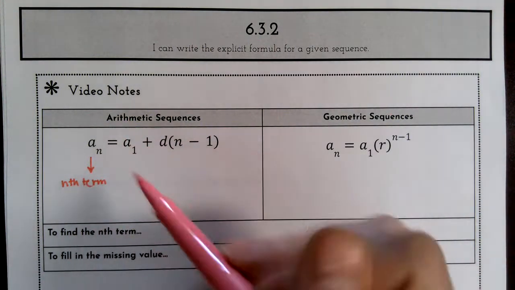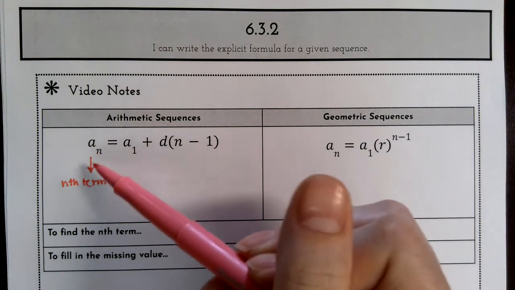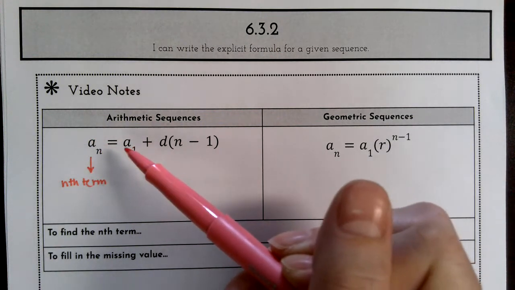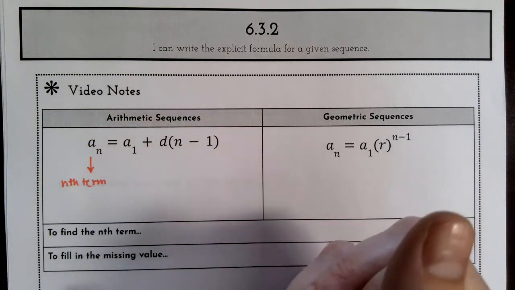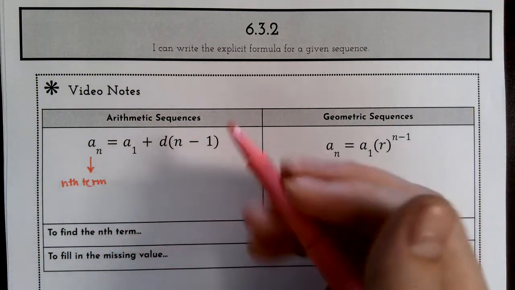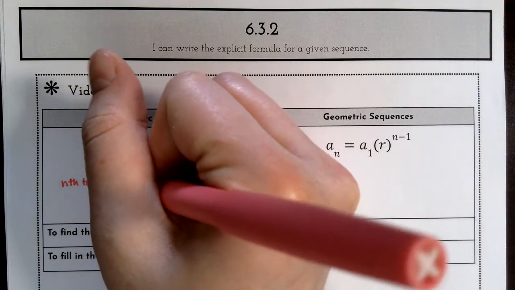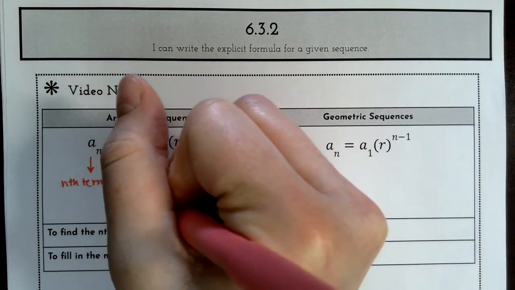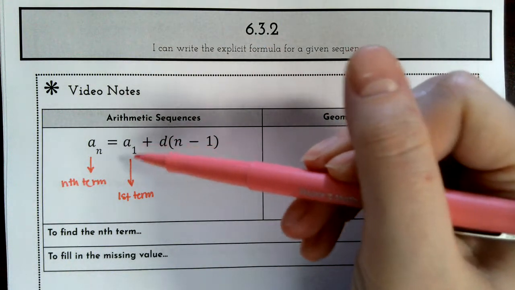So if we're asking for the 100th term, you would have a sub 100, and that's what you would use to find that term. A sub n is just a particular term. In that case, a sub 1 would be the first term.